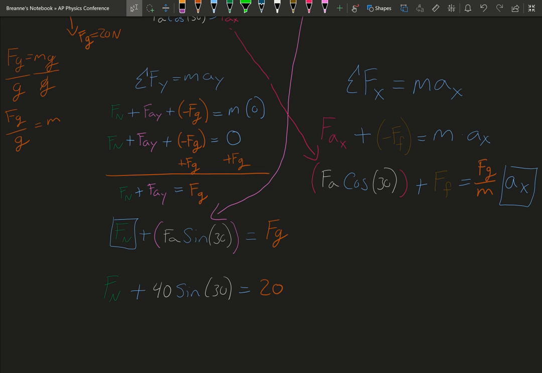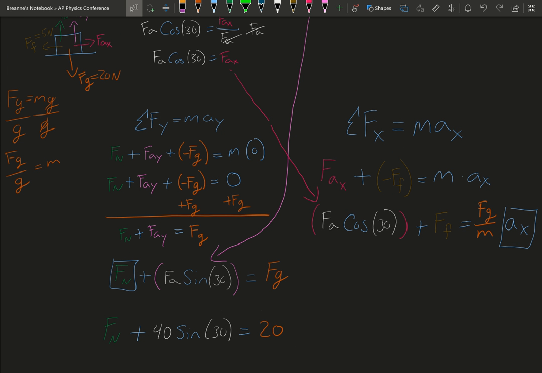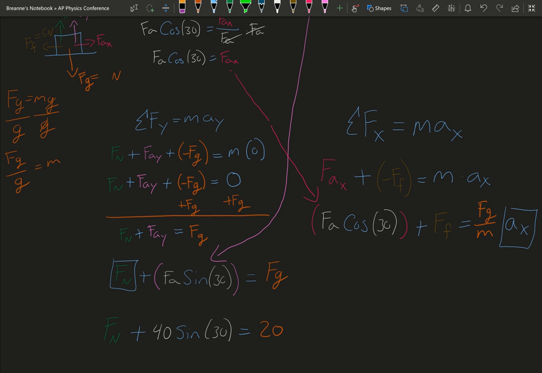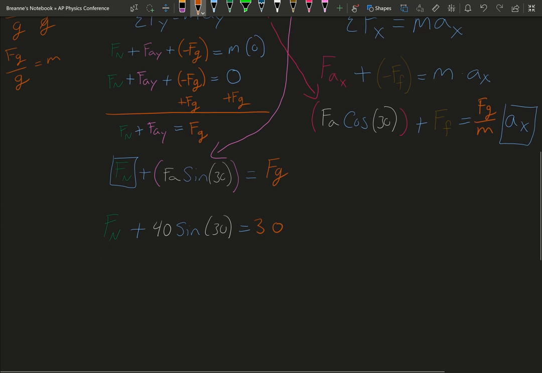And no, I did not make our force of gravity strong enough. Imagine that. Grr. We're jumping up to 30. Sorry, I was looking at the numbers. Sorry, I warned you. Making up numbers. Okay, let's try that again.